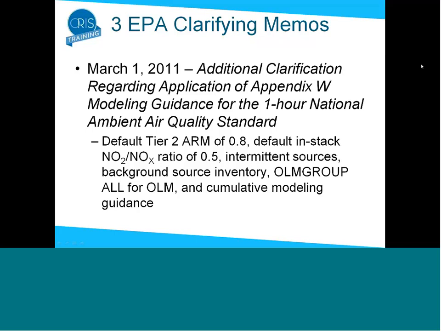They also say that for Tier 3, which is the ozone limiting method and plume volume molar ratio method, there's a default in-stack NO2/NOx ratio of 0.5. The issue of how to handle intermittent sources is discussed, as well as what to evaluate in putting together a background source inventory for cumulative modeling. There's discussion of the OLM group all option for the ozone limiting method, and then general guidance on cumulative or full impacts modeling for the 1-hour NO2 standard.